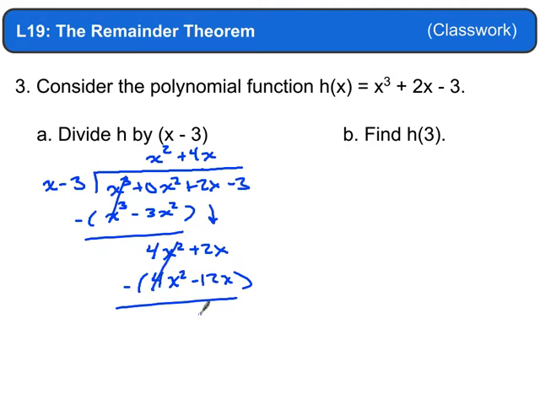We get 14x, so 2 minus negative 12 is 14x. We get a minus 3. x goes into this 14 times. So we get 14x. Let's see, 14 times negative 3 is going to be negative 42.